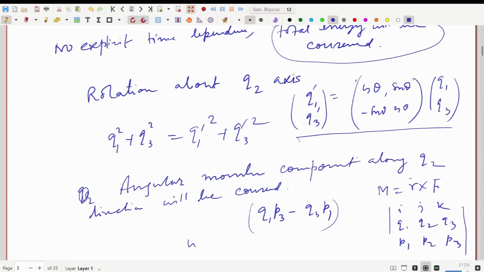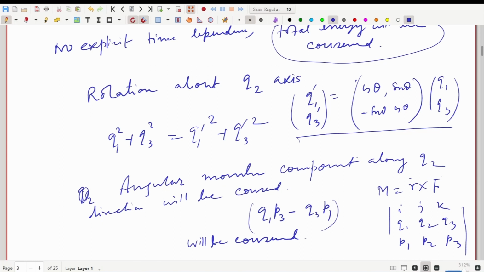So when you have to find the number of conserved quantities in a system, you have to carefully look for what symmetries it has.